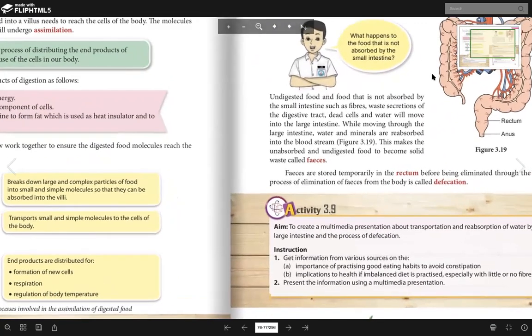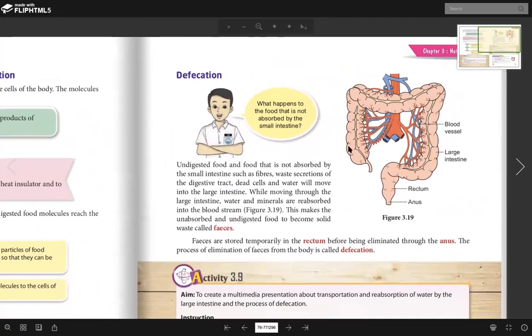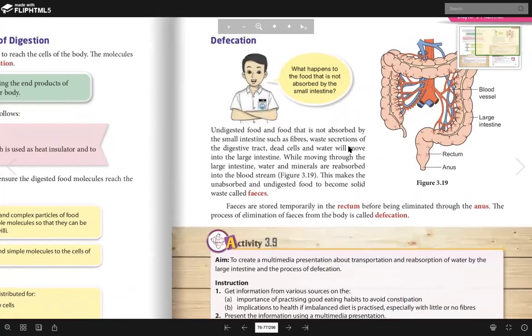Okay, let's make it bigger. Okay, defecation. What happened to the food that is not absorbed by small intestine? Kita tahu dekat large intestine, only water reabsorption will happen. So awak tengok ya. Undigested food and food that is not absorbed by small intestine such as fiber.